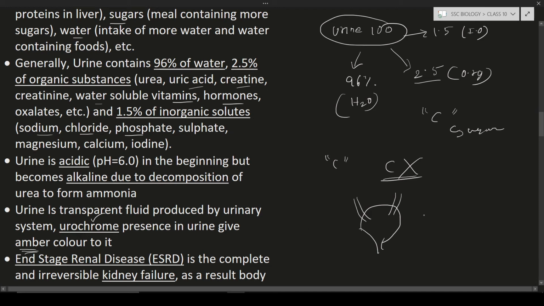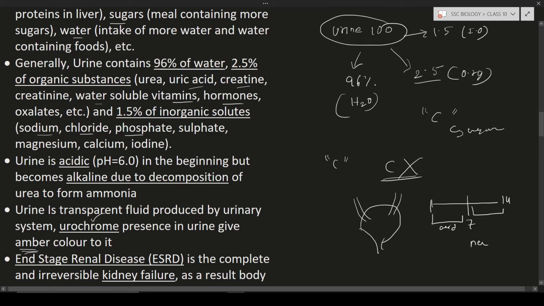Okay, so this is the first condition. And the second thing is urine is acidic. What is acidic and basic? Let us consider this is a 1 to 14 scale. This is a pH scale. Right at 7, it is neutral. From 1 to 6.9, it is known as acidic.